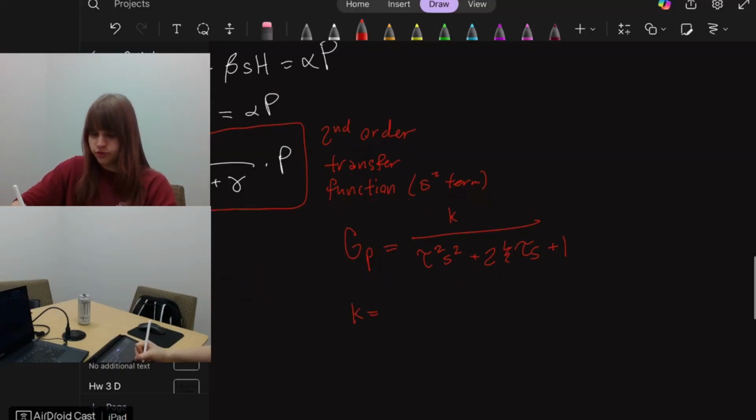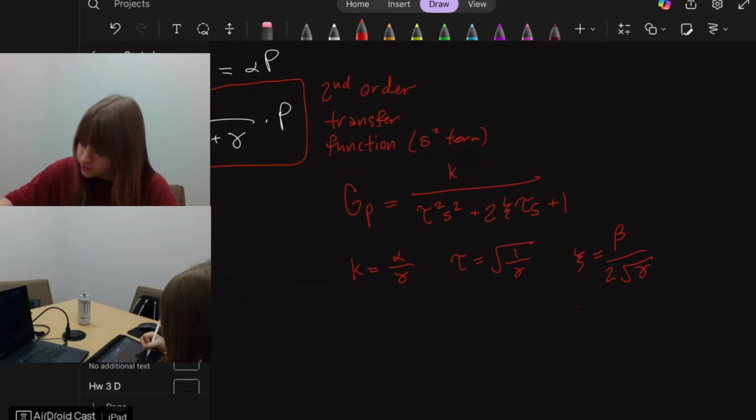but our K would be equal to alpha over gamma, tau is equal to the square root of 1 over gamma, and zeta, I'm probably not drawing zeta correctly, but zeta is equal to our beta divided by 2 times the square root of gamma.